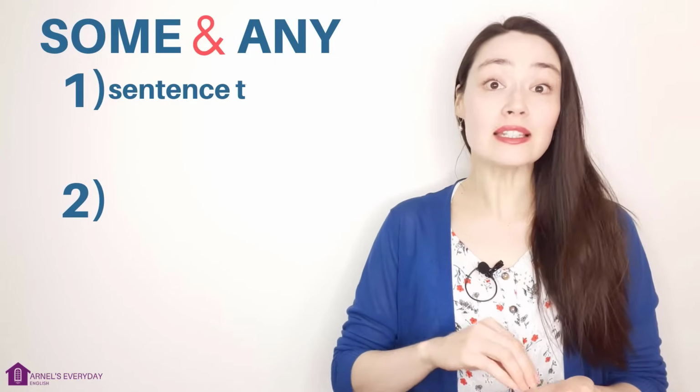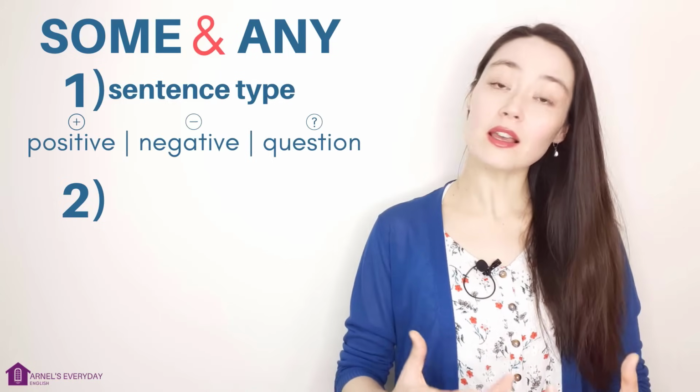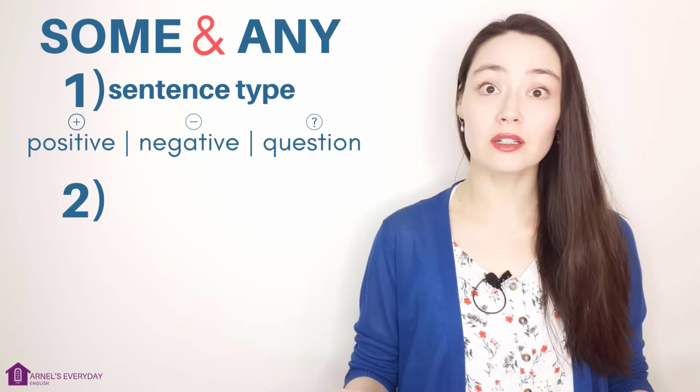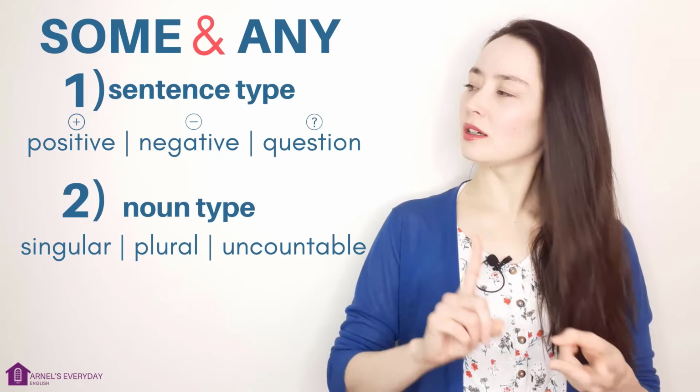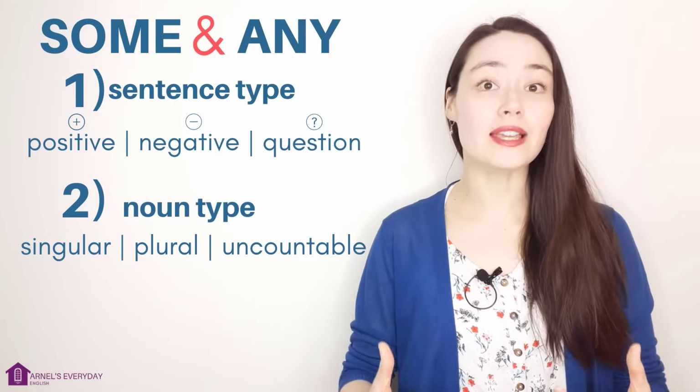Everything with some and any depends on two things. The sentence type: a positive sentence, a negative sentence, or a question, and the noun type: singular noun, plural noun, or uncountable noun.